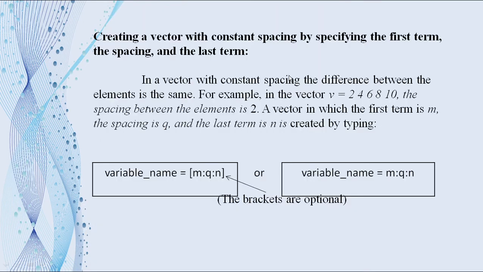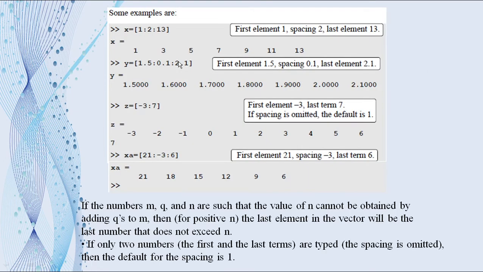So you should know that creating a vector with constant spacing is done by specifying the first term and the last term. The examples should be clear by this time.